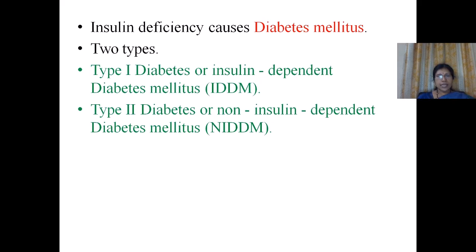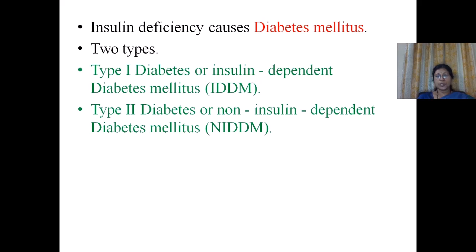In this diabetes, the insulin production increases, but there is a decrease in the insulin receptors. This type of diabetes occurs in persons who consume more carbohydrates.